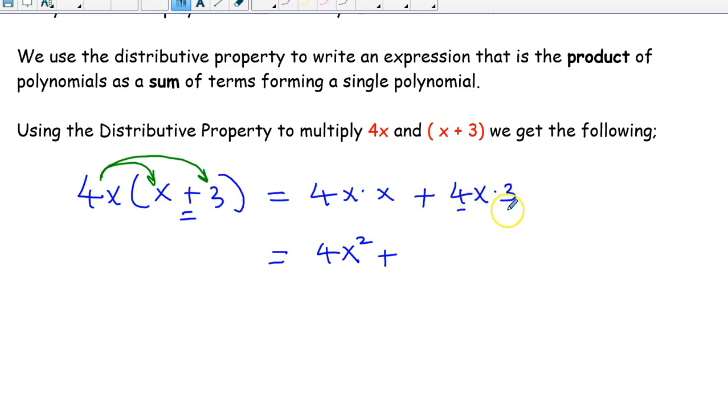I have to multiply the numbers first. 4 times 3 is 12, and you have x, 12x. So your product is 4x squared plus 12x.